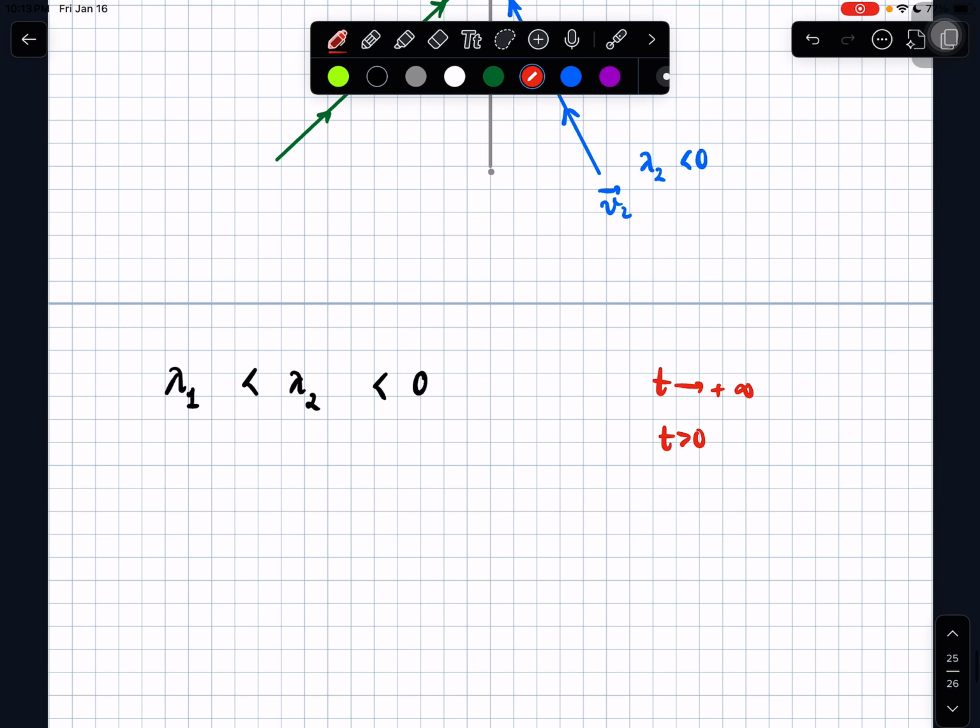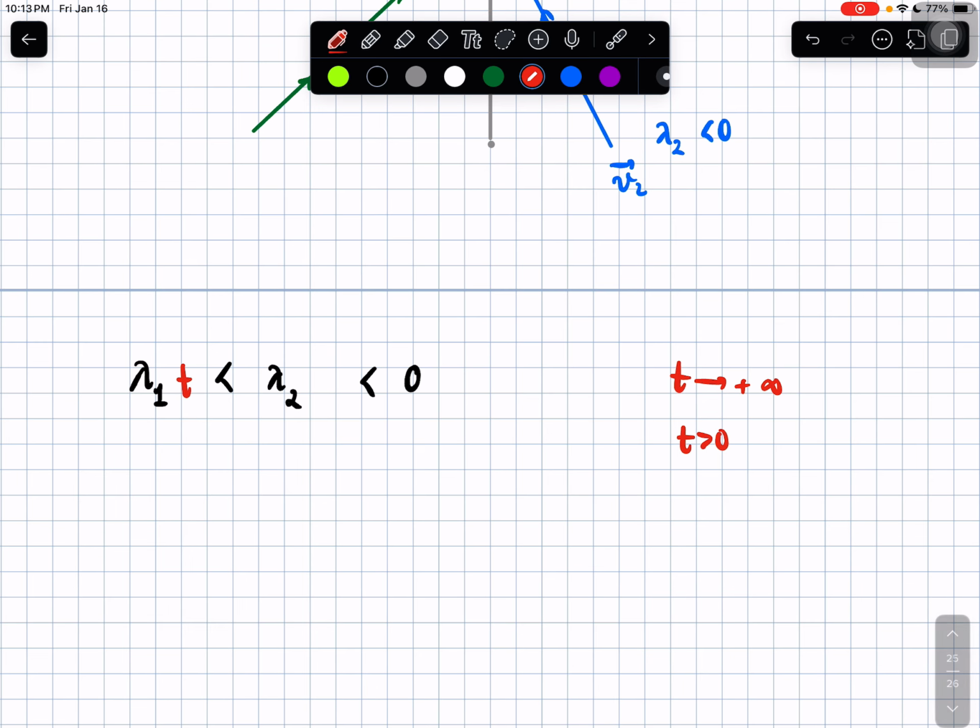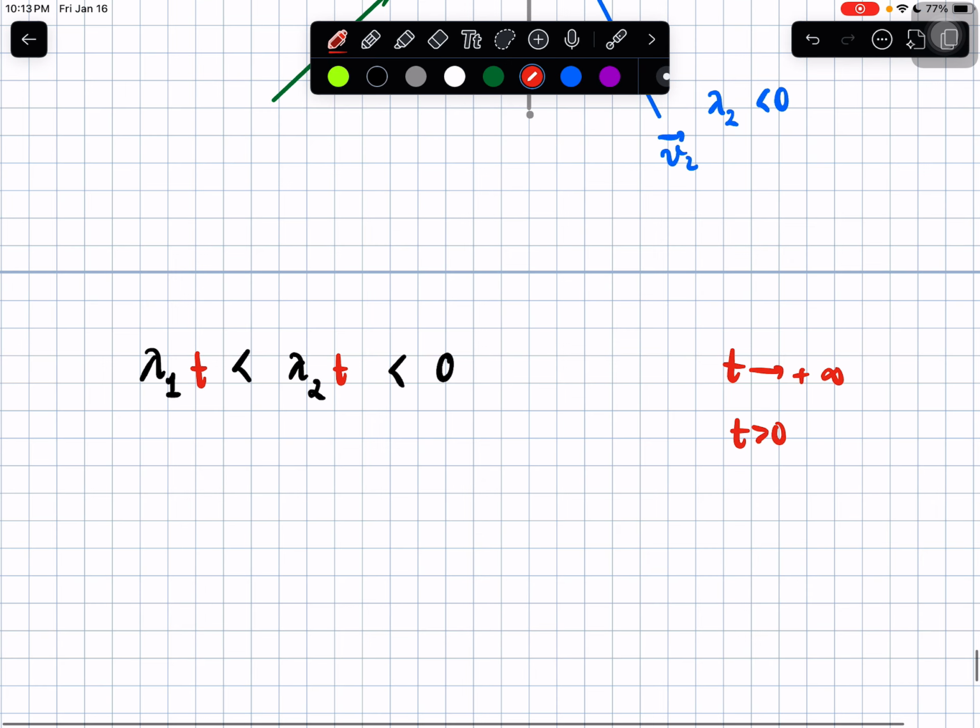If we multiply by t, we get an inequality still: lambda 1 times t less than lambda 2 times t less than 0. e to the lambda 1 t will be much smaller than e to the lambda 2 t.